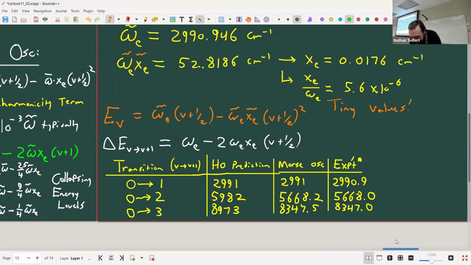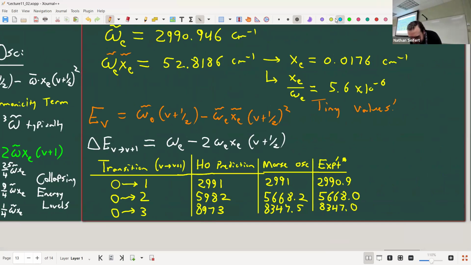And so there's going to be an additional term that appears at high energy, which we call omega E YE, because it's after X, that scales as v plus 1 to the third power. And there might be one to the fourth power, one to the fifth power. Again, totally arbitrary. There's nothing really useful here that we're doing.